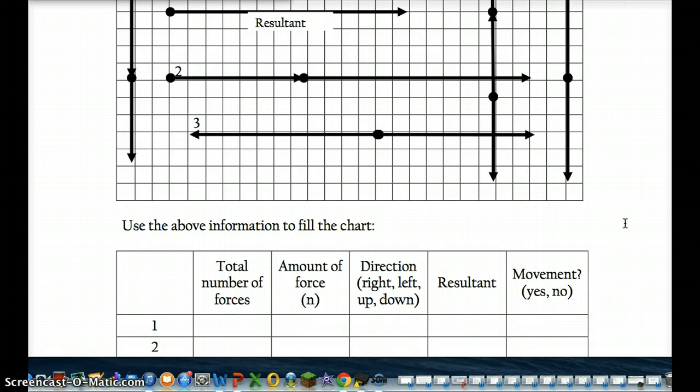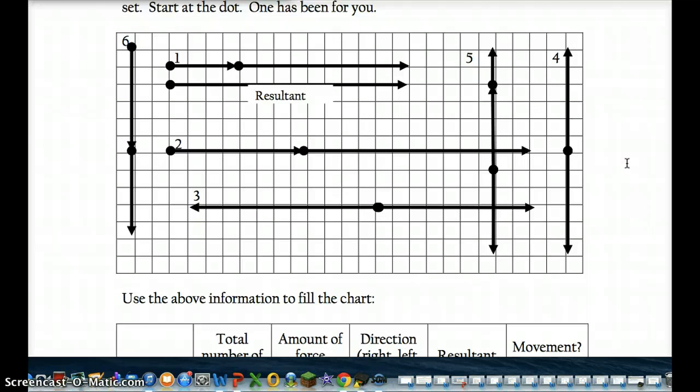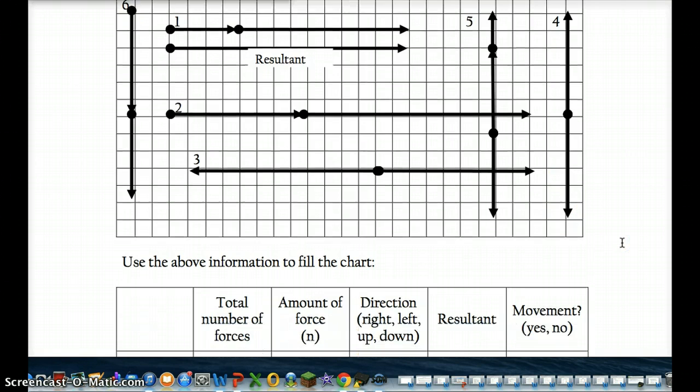I want to skip down to number 4 real quick. Number 4, they're going in opposite directions. We've got one going up, one going down. We need to count. 1, 2, 3, 4, 5, 6. And then 1, 2, 3, 4, 5, 6. So that is a total of 12 newtons.